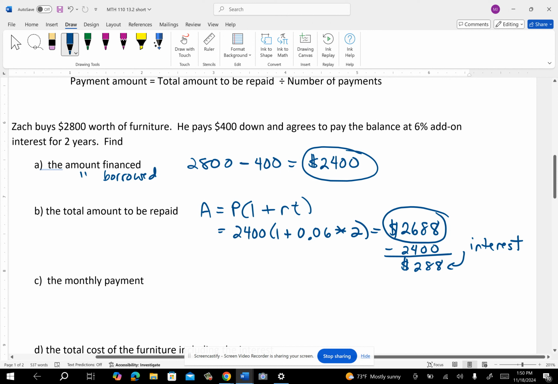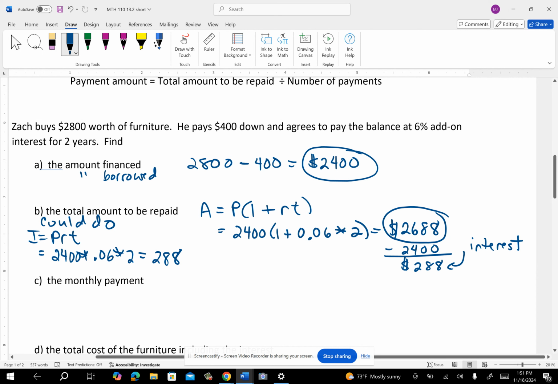Okay. So if I had needed the interest, I might have calculated this whole problem differently. If I knew I needed the interest, what I could have done is just I equals PRT and plugged in the $2,400 I borrowed times the 0.06 times the 2, and that would have given me the interest directly.